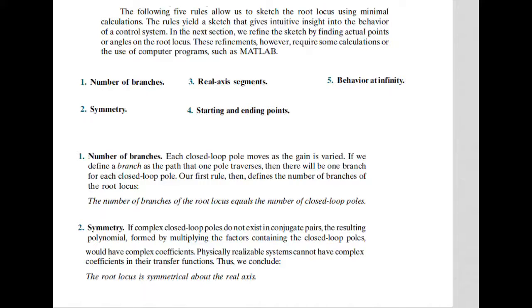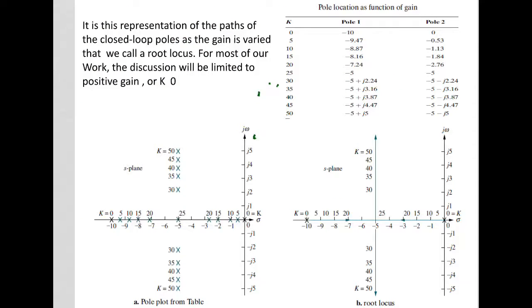These complex closed loop poles always exist in conjugate pairs, as we have seen in the earlier example. In this example you will see that they exist in conjugate pairs, that is, minus 5 plus j 2.24 and minus 5 minus j 2.24.